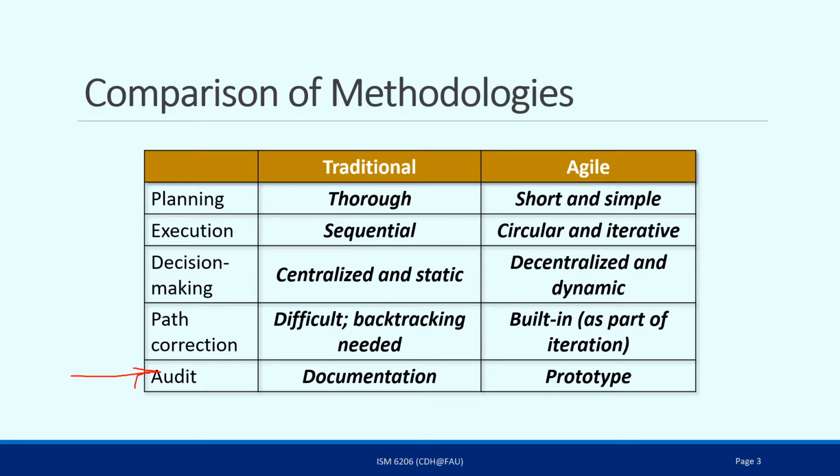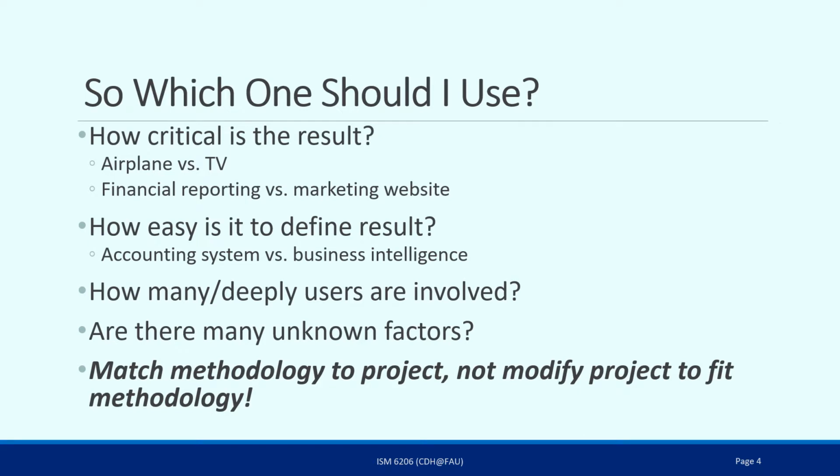So that's something that usually people don't pay much attention to. But at the end, if you want a lot of documentation, then maybe the traditional approach is better. So whether you want to take a traditional, more sequential approach versus a more agile, more iterative approach, it really depends on what you need.